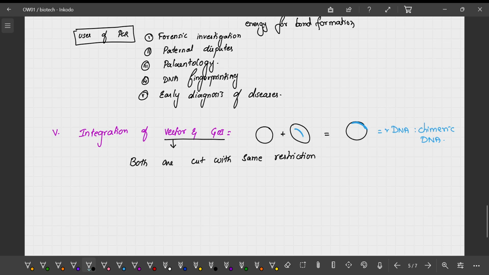Here we have to make sure that the restriction enzyme we are using has a cloning site on the vector that we are using. Both are cut with the same restriction enzyme so that both have complementary sticky ends, so that they simply attach with each other.